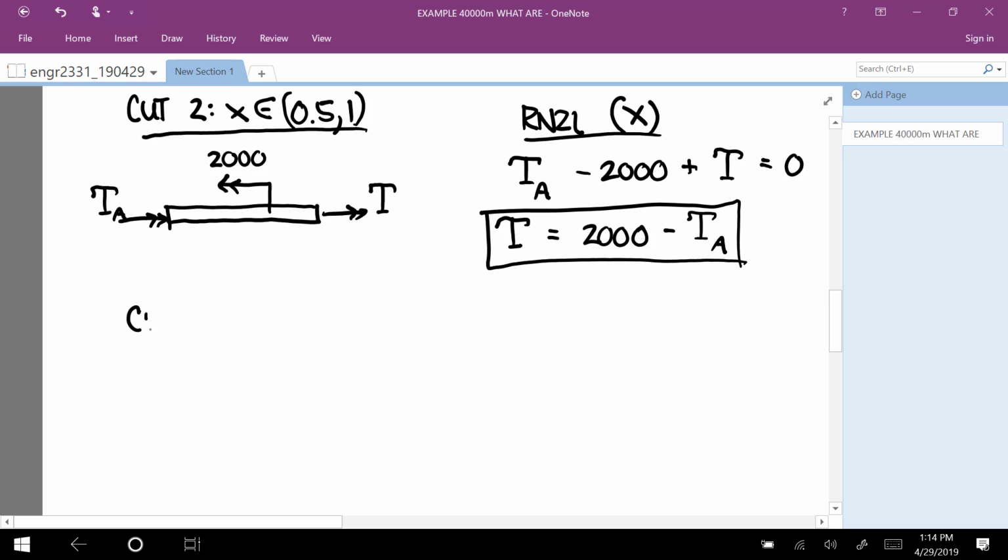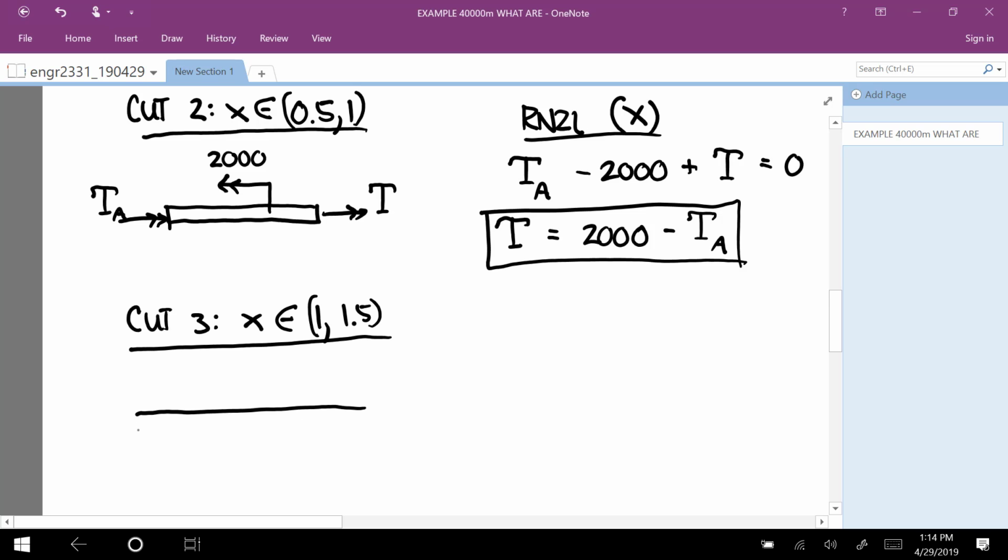Okay, and then the last cut. This is for x between 1 and 1.5. So we have TA at the left, 2,000 half a meter from the left, and then 4,000 another half meter from there.